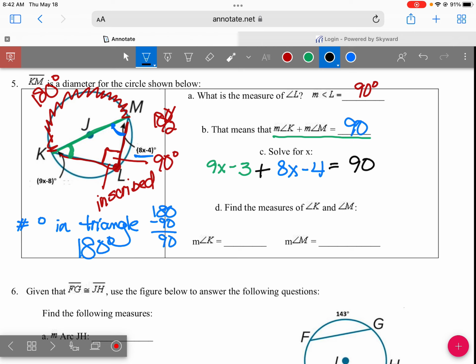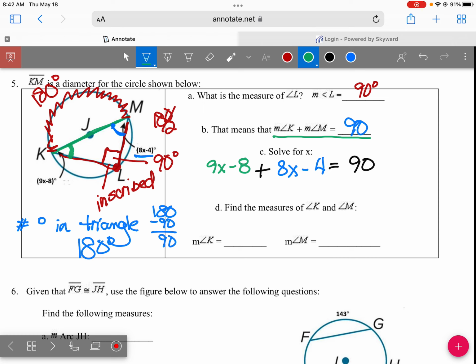Thank you, you just saved me a whole bunch of mud on my face. I had written the wrong one: 8x minus 4, and this should be 9x minus 8. Good catch. Remind me to get a Smarties for you at the end.